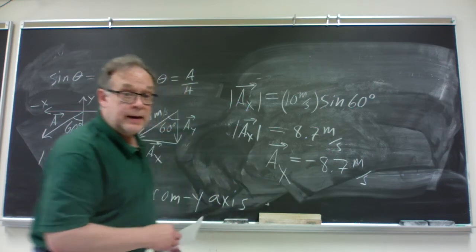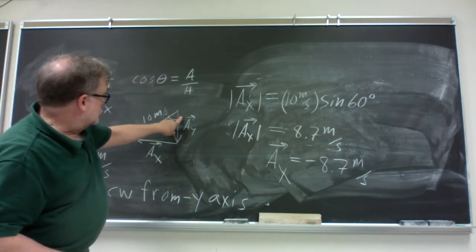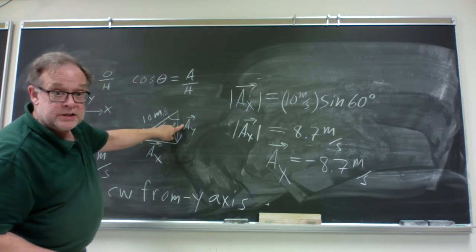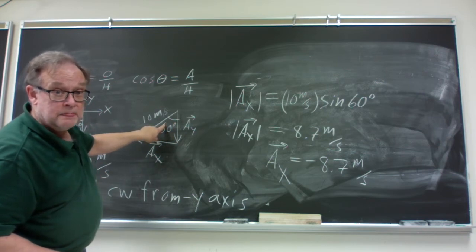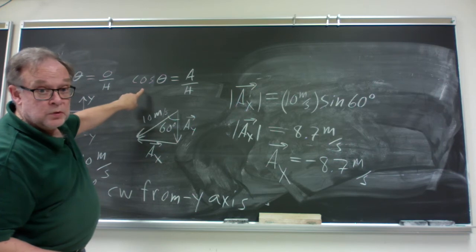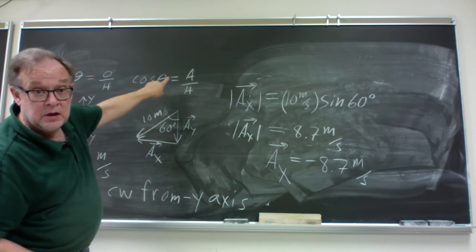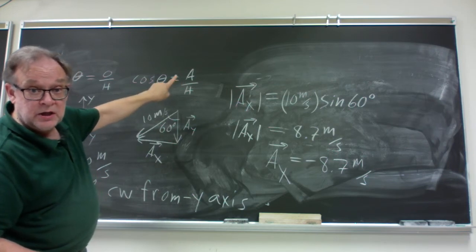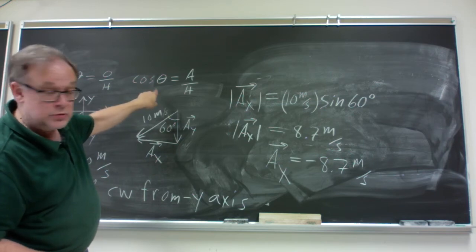Now, for the other component, the y component, the y component is on a side adjacent to the angle, and so whenever we're dealing with a side that's adjacent, we use cosine. And so this equation tells us that adjacent side equals cosine times hypotenuse.